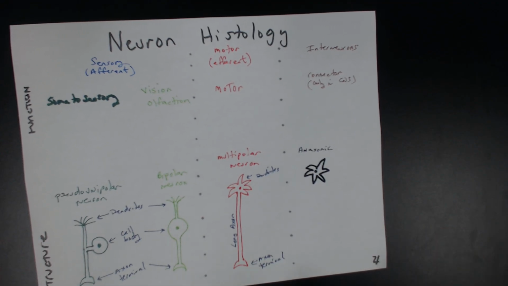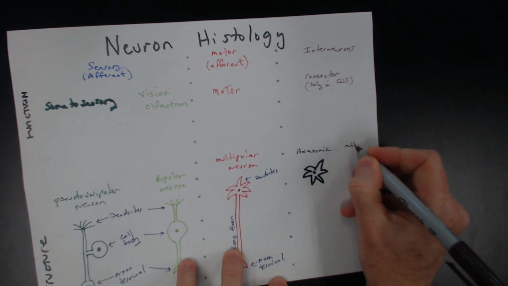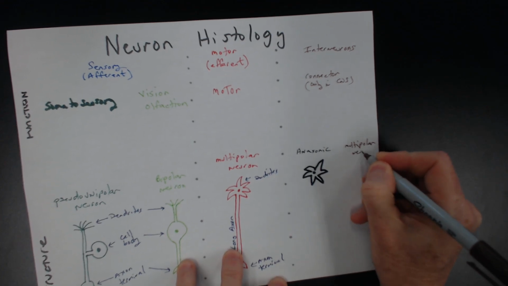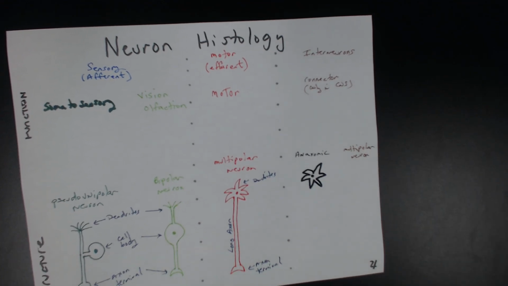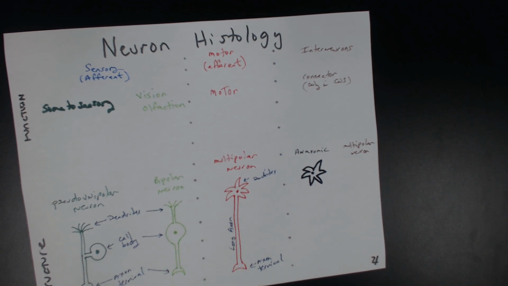Okay, and then in addition to the anaxonic neuron, another kind of interneuron in the CNS is also a multipolar neuron. Just like in the motor system, this multipolar neuron looks just like this one over here, only it has a short axon.